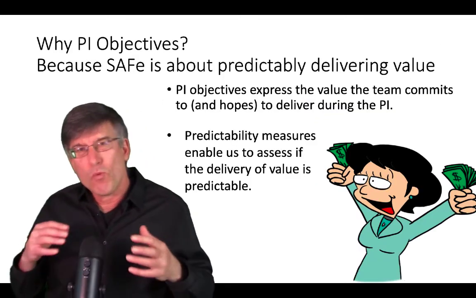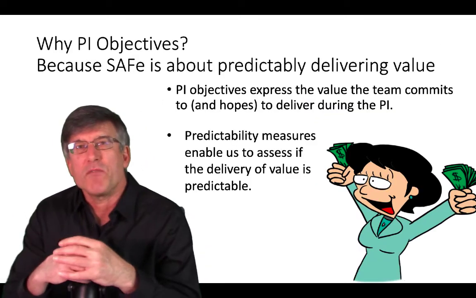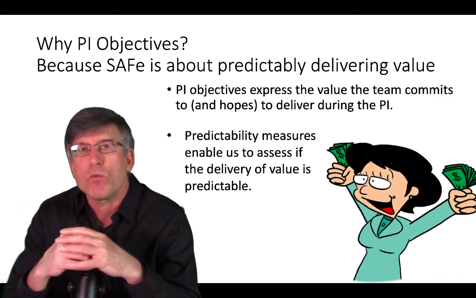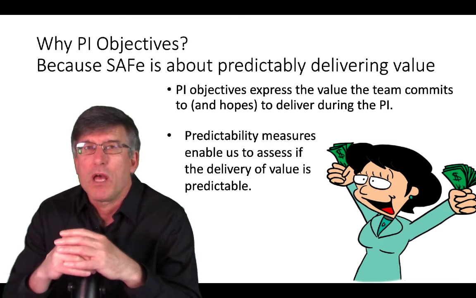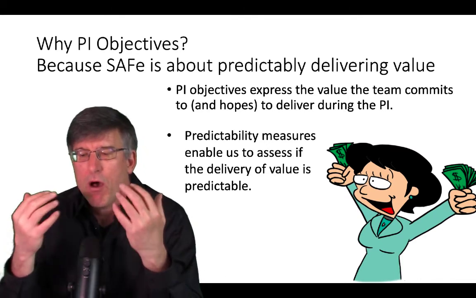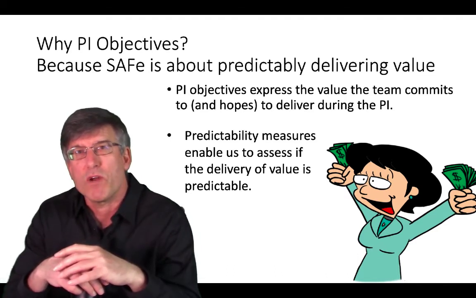So why do we worry about PI objectives? What are they all about? Well, fundamentally, when you really get right down to it, the Scaled Agile Framework is simply all about predictably delivering value.